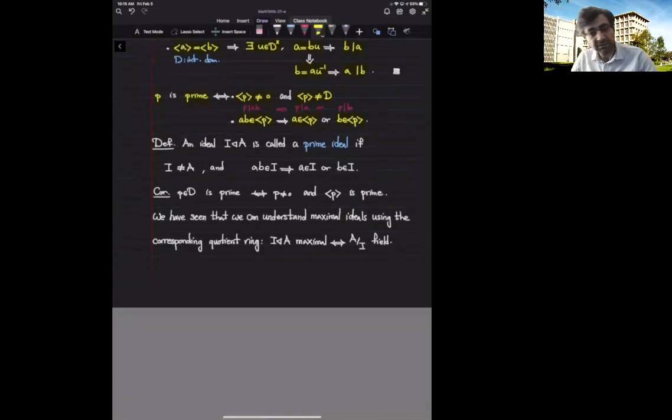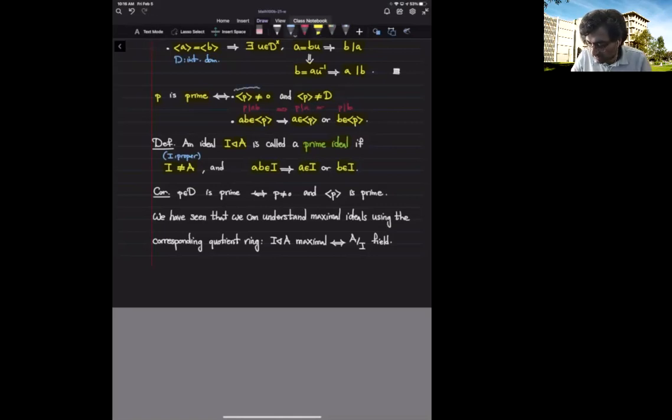This brings us to the definition of a prime ideal. We say an ideal I is a prime ideal if it satisfies the following properties. First, I is a proper ideal. Second, if A times B belongs to I, then either A is inside I or B is inside I. The extra condition of not being zero I don't impose.